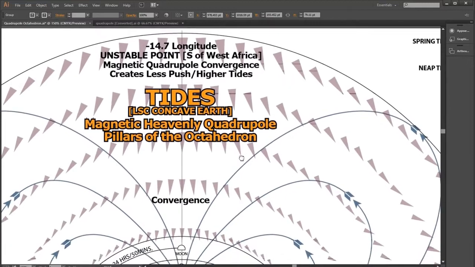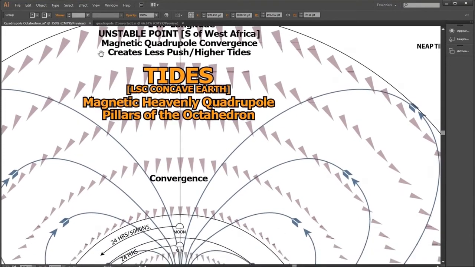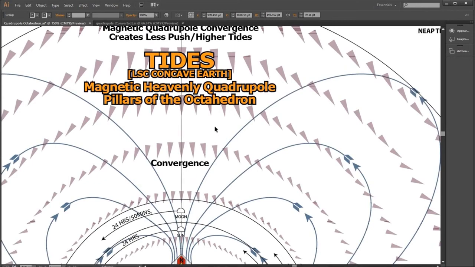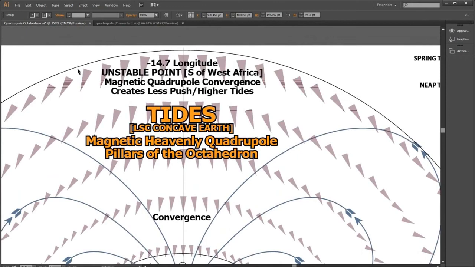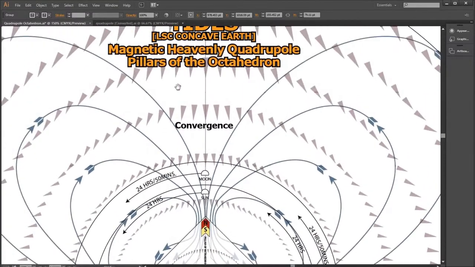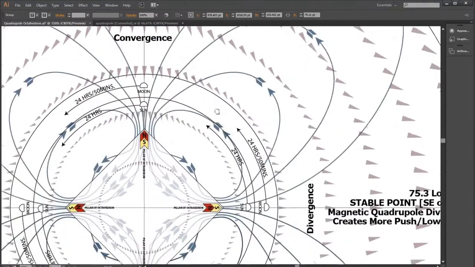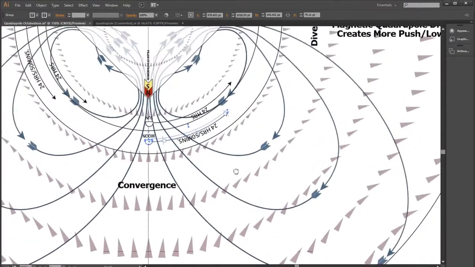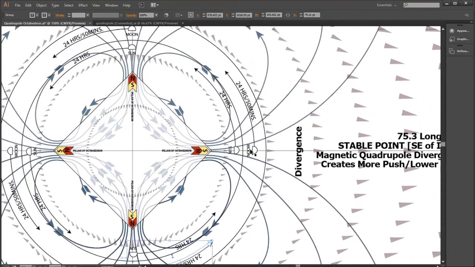They're going to be higher areas because that etheric electromagnetic pressure that's coming up and converging like that is actually going to create less pressure at the ground level, because there's an obstacle here and the force is going upward, inward like that. So it's creating less pressure and higher tides. Same over here in the bottom during a full moon. Same occurrence.